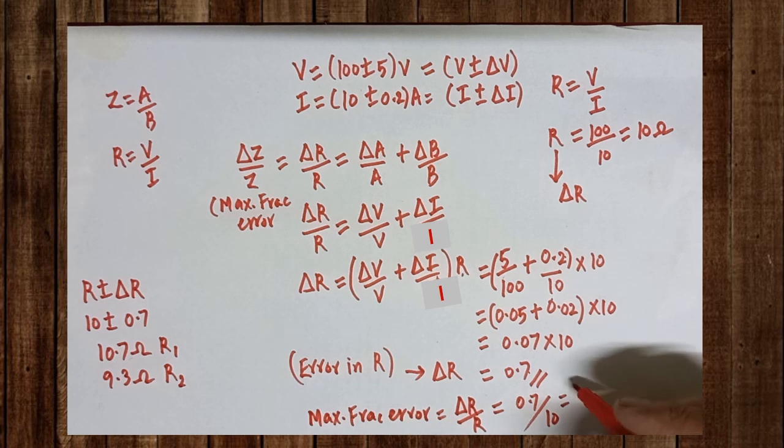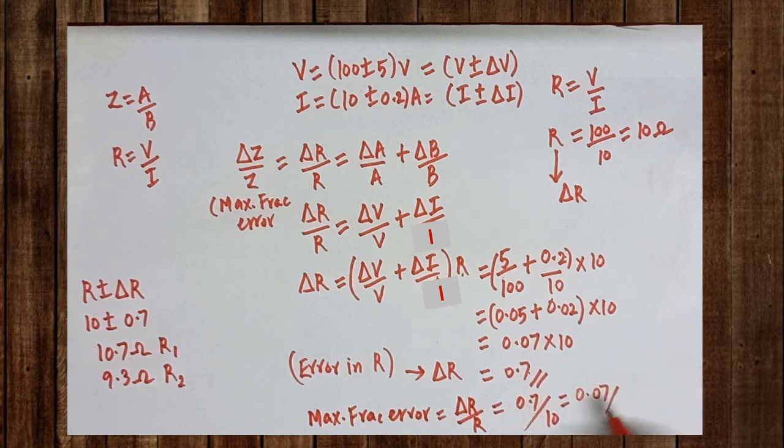So finally you are able to get 0.07. So this is called the maximum fractional error. Are you clear? So already the theoretical aspect of the error in the division or quotient of the two quantities was explained. To understand the theoretical aspect, we have worked out one problem also. Okay, so learn the concept thoroughly.